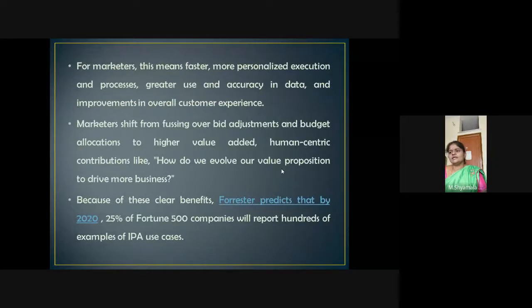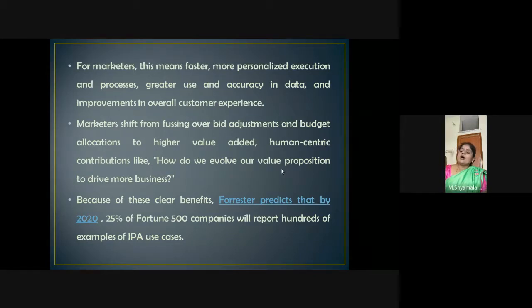Normally for marketers, this means faster, more personalized execution and processes, greater use and accuracy of data, and improvements in overall customer experience. The marketer shifts from fussing over bid adjustments and budget allocation to higher value-added, human-centric contributions like how do we evolve our value proposition to drive more business.